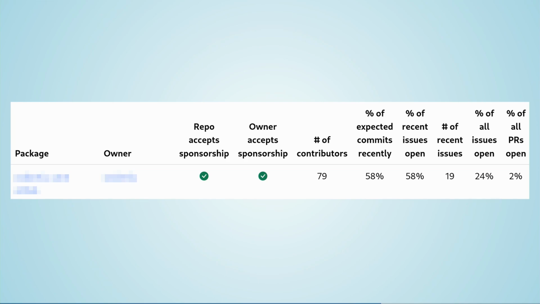They've also historically had a lot of contributors, but there's not a ton of activity right now. On the bright side, they accept sponsorship, both the repo and the organization that owns it. So this is one where, if I was in a position to offer some support, or ideally convince the people I work for, if it's a work project, to offer some support, then this would probably be a good candidate, right? This would be worth digging into further.